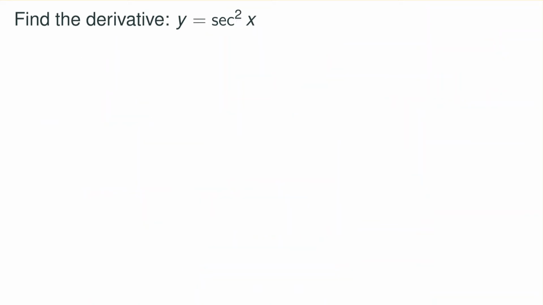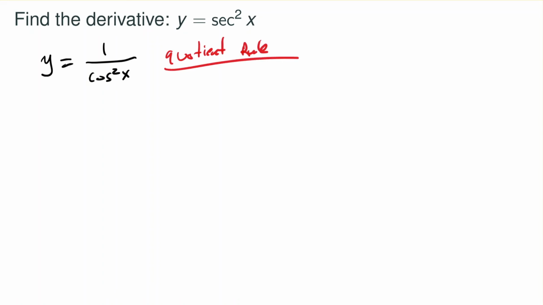Find the derivative of secant squared x. So for this, we need to rewrite it as 1 over cosine squared x. And then we can apply the quotient rule. If I apply the quotient rule, the bottom function, entire thing squared.